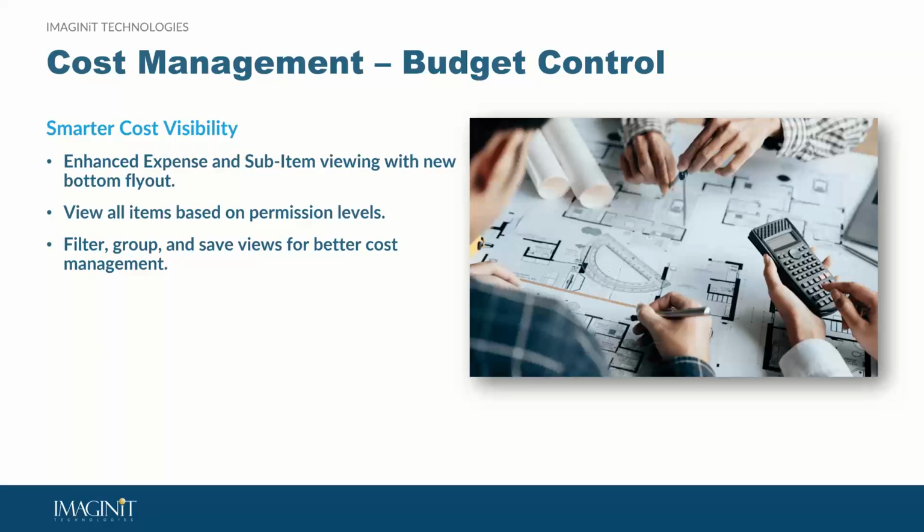Now we have the ability to view all items based on permission level, and additionally we have the ability to filter, group, and save these views for better cost management, so that we don't have to recreate those views. That tool has really been enhanced, with the ability to save those views and jump back to them quickly.